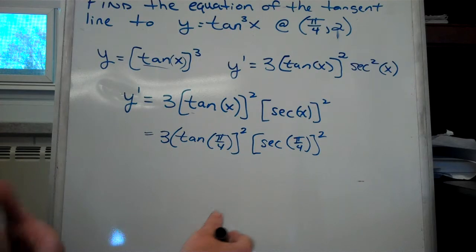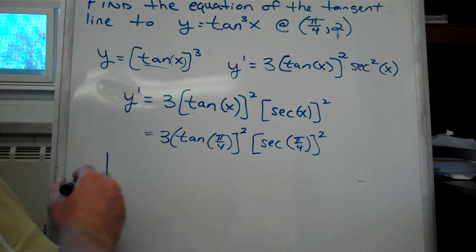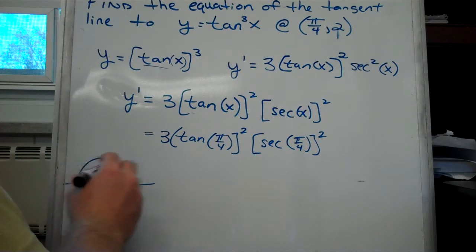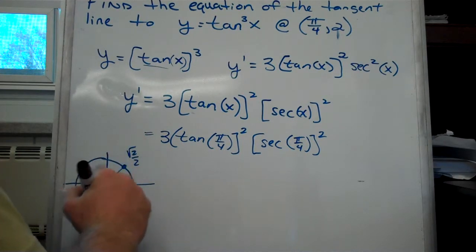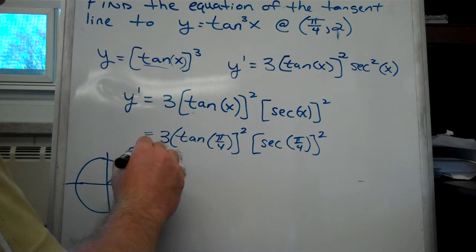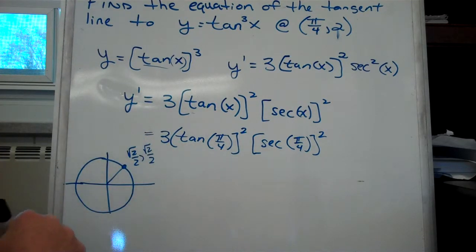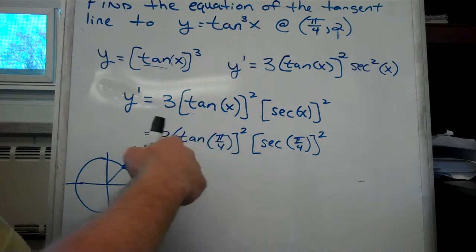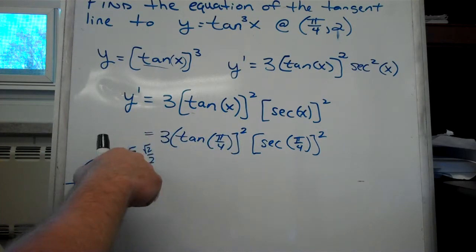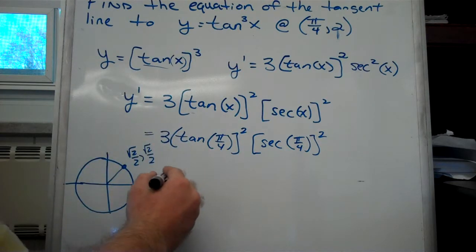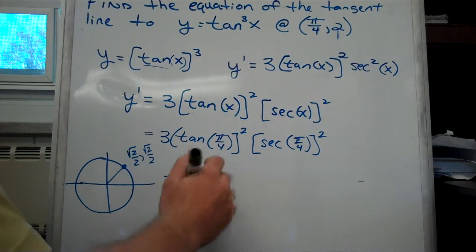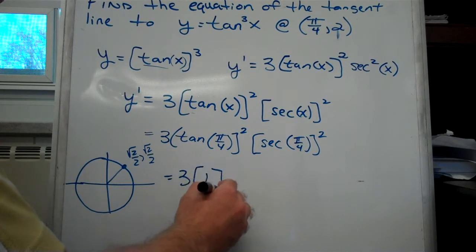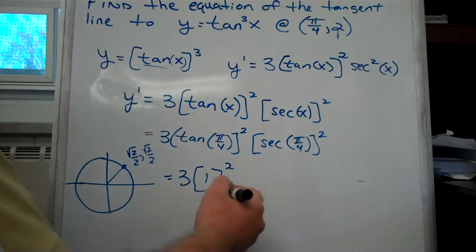Tangent of pi over 4, if you think about your unit circle, pi over 4 is right here, with a cosine value of radical 2 over 2 and a sine value of radical 2 over 2. Tangent is sine over cosine, so it's radical 2 over 2 divided by radical 2 over 2, which is just 1. So really we get 3, and the tangent of pi over 4 becomes a 1, and then we square that. It really doesn't have any effect.